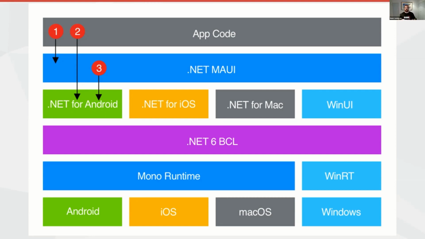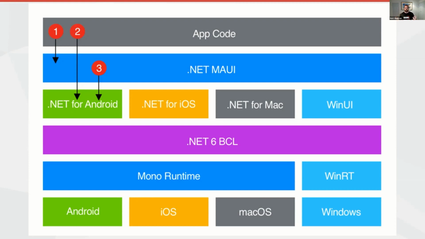So your app code is written against the MAUI API, which is that layer underneath. MAUI, of course, wraps abstractions for .NET for Android, which used to be called Monodroid, and then Xamarin.Android. Same thing with .NET for iOS, which was previously Monotouch, and then Xamarin.iOS. Same thing for .NET for Mac, and the same thing with the WinUI API.